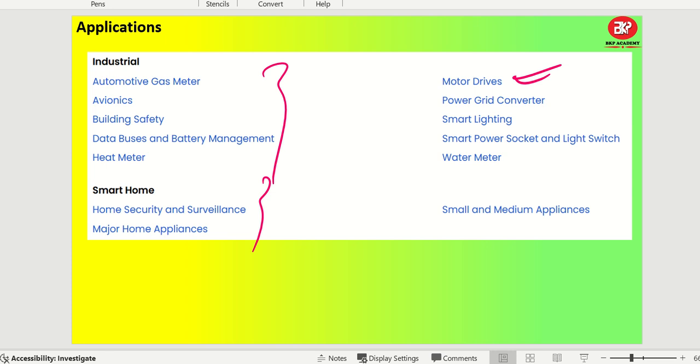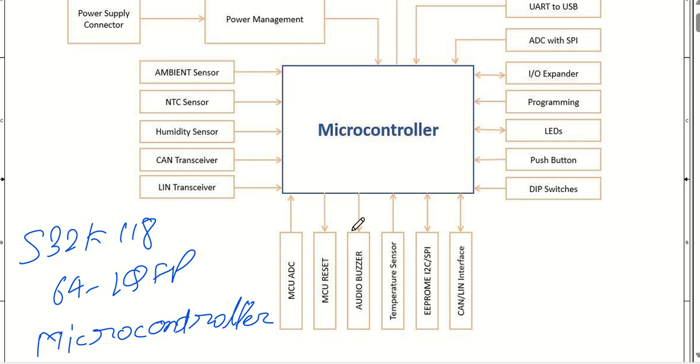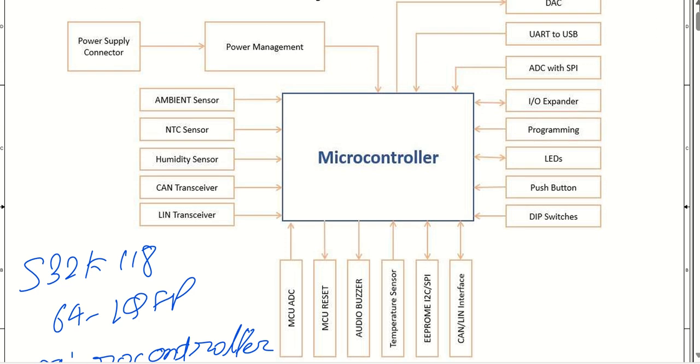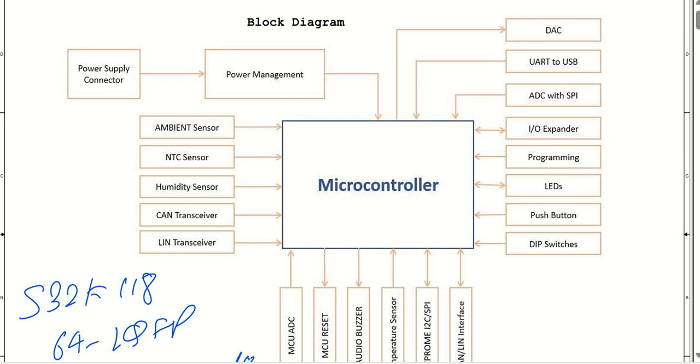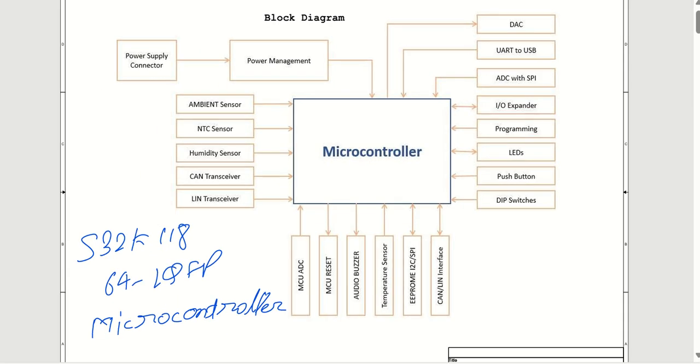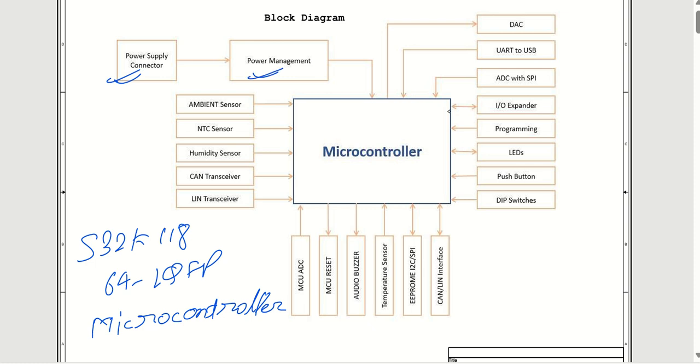Alright, so we will directly go into the circuit design and see what things are available. As you can see from the block diagram, we have the power supply connector, power management, then this microcontroller, S32K with 64 pin. We have connected ambient sensors, an NTC sensor for temperature sensing.